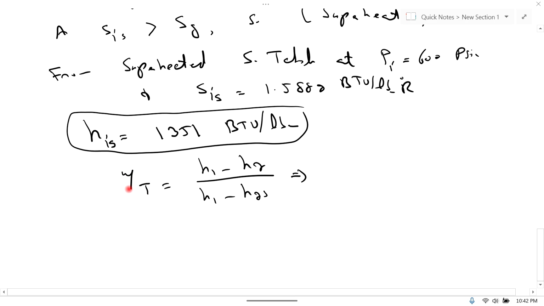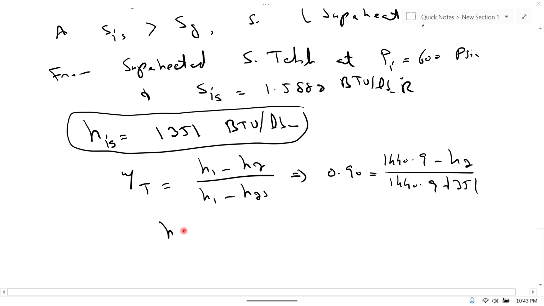The efficiency of the turbine is given to us as 90%, so 0.90 equals 1449 minus H2 divided by 1449 minus 1351.